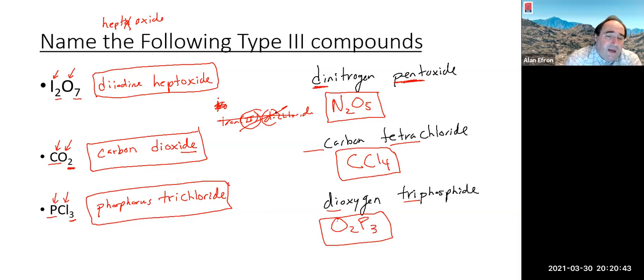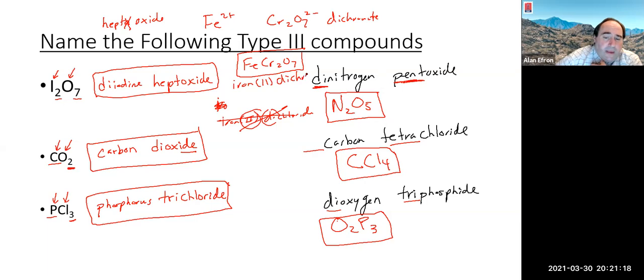The only time you would probably ever see a Roman numeral and a prefix together is if you're dealing with a polyatomic ion that actually has a prefix in the name, like I mentioned earlier, something like this guy, which is dichromate. That just happens to be the name of the polyatomic ion. So if I had Fe2+ with it, and FeCr2O7, that would be iron Roman numeral 2 dichromate.